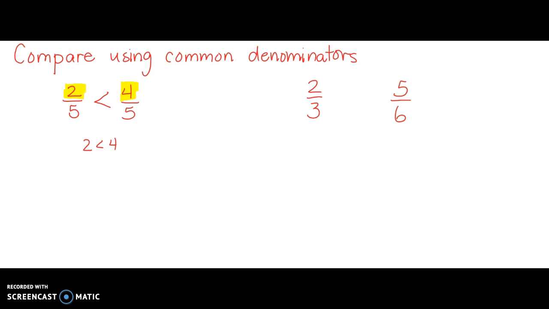So in this case, let's think about thirds and sixths. Let's think about multiples of 3, multiples of 6, and let's come up with a common multiple of 3 and 6.